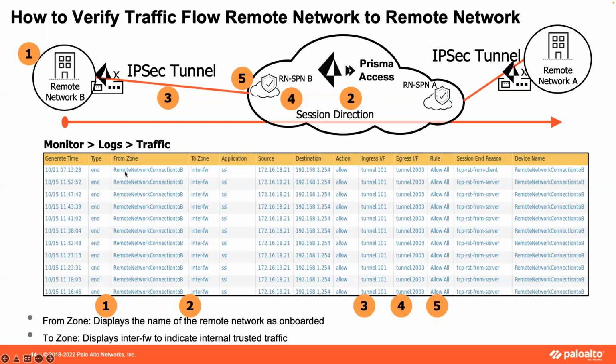The from zone tells you where the traffic came from. So if I look at the very first line here, it says remote network connection to B. So whatever I named that IPSec tunnel from network B into Prisma Access, so object number 4 there is what I call the from zone.